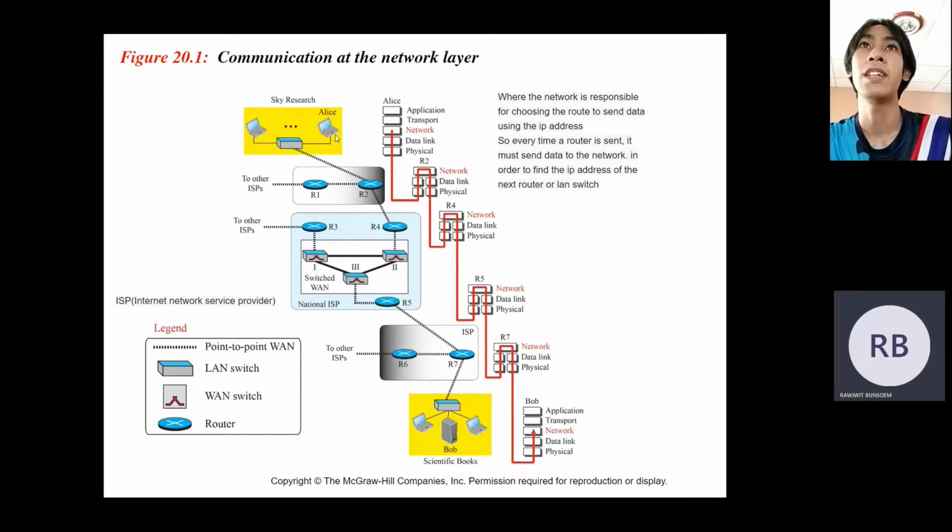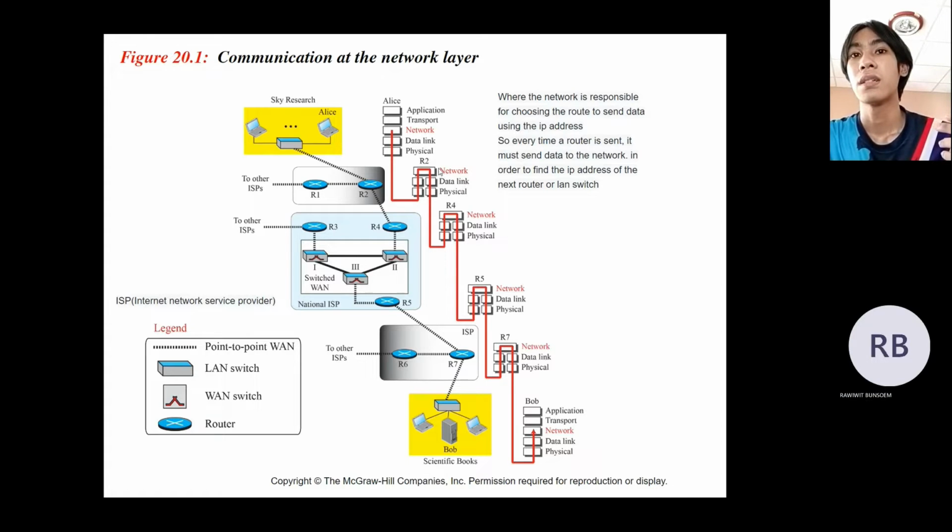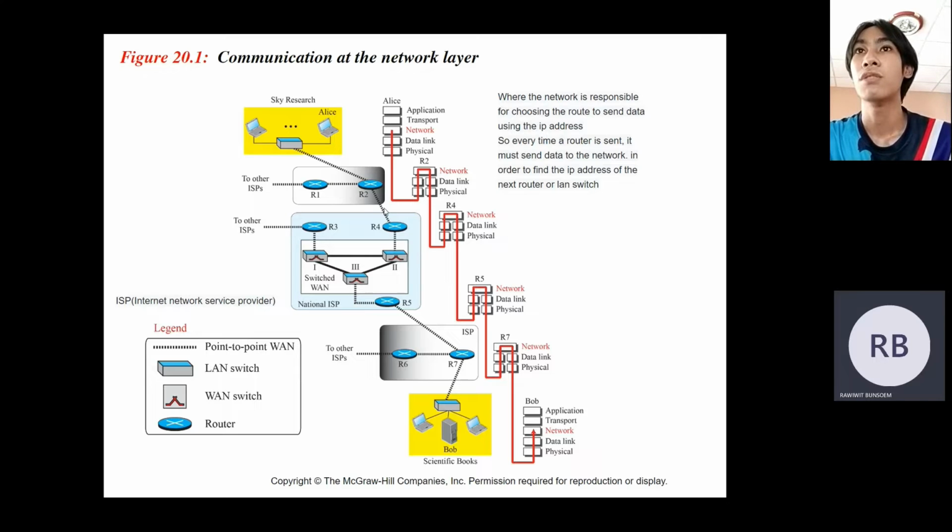From the picture, Alice sends to router R2. Router R2 sends to the network layer. The network layer is used to send to router R4, and router R4 is a national ISP.